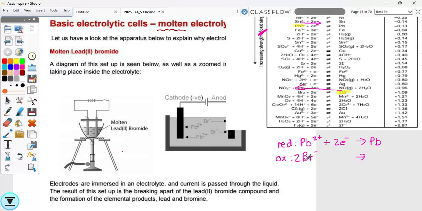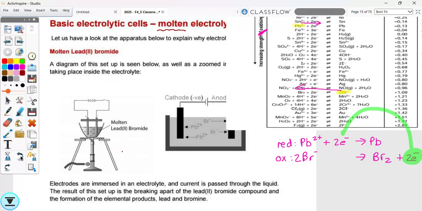You can see why it's 2Br minus, because we know that Br is diatomic and it has to form Br2. That's why we need 2 Br ions to form Br2, but that means it's going to give off 2 electrons. I'm going a little bit fast because this one is pretty easy. You can see 2 electrons are given off and those 2 electrons are going there, so they're balancing out.